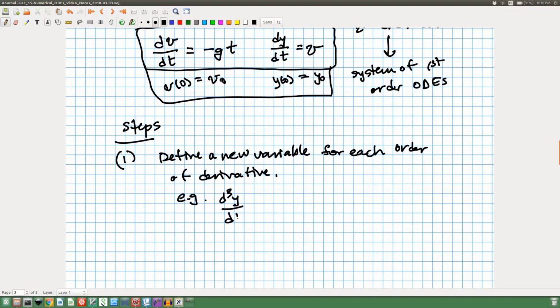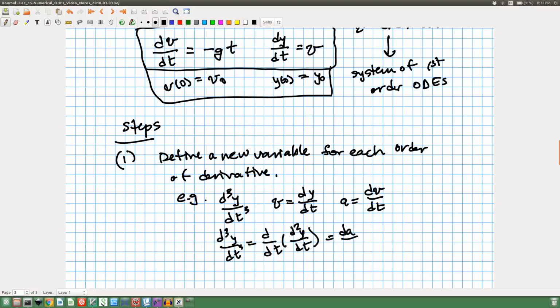If I have a third order derivative, I can say that v is equal to dy/dt, and then a is equal to dv/dt. And if I have d cubed y/dt cubed, that's equal to d/dt of d squared y/dt squared, so that's going to equal da/dt. Anywhere I had a third derivative, I'm now going to have a derivative of a, because that one is d squared y/dt squared, the second derivative of y.